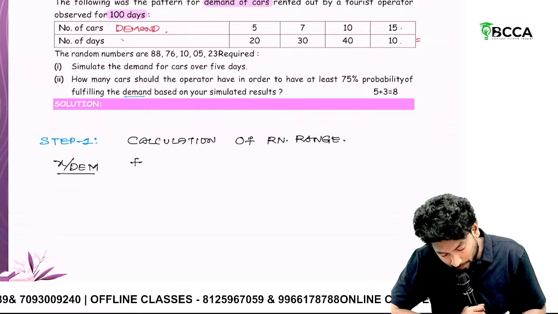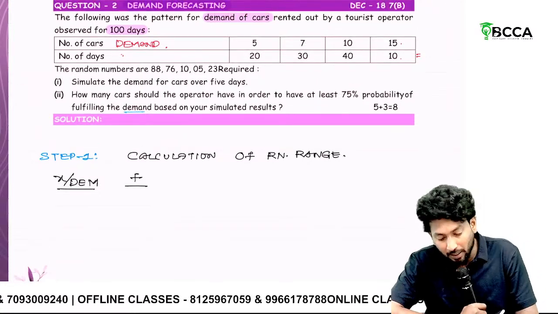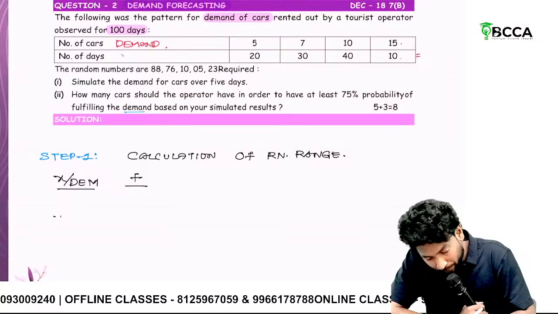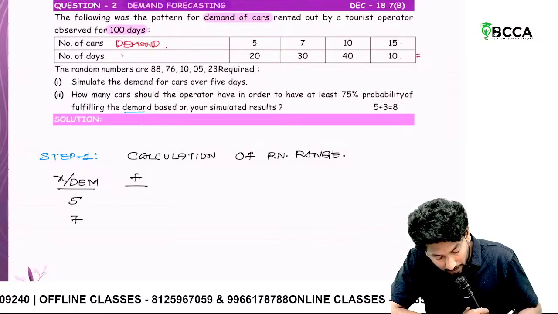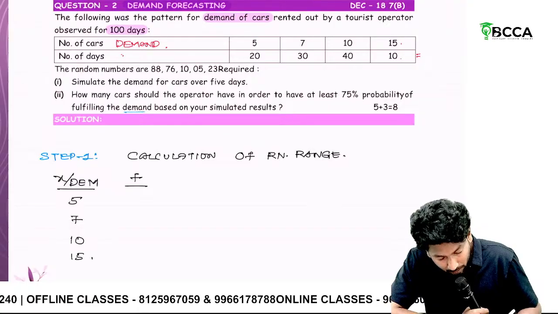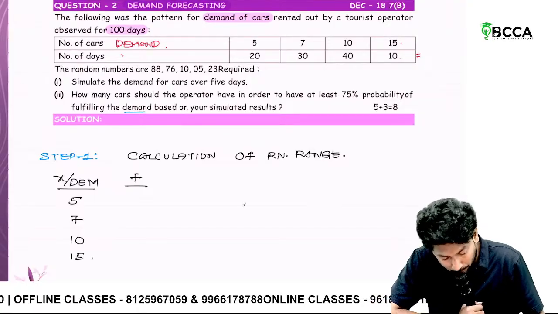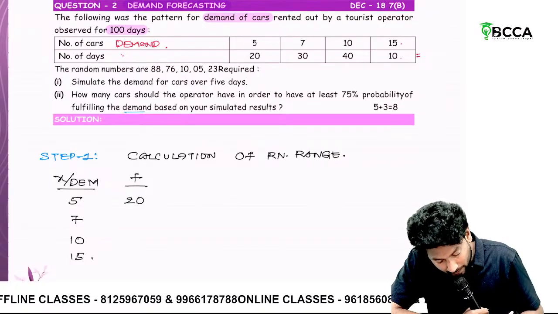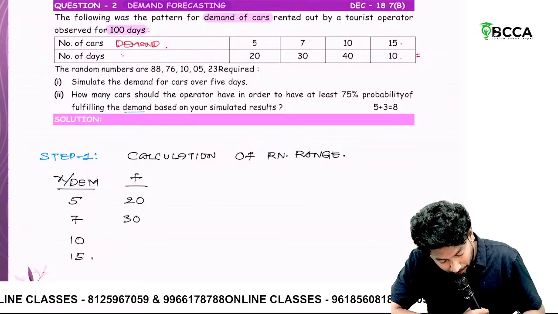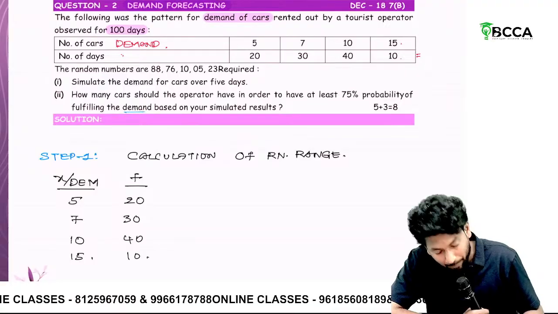Next one, frequency. Frequency is nothing but number of days. Just 4 decision variables are given: 5, 7, 10, 15. Frequency is 20, 30, 40, 10, sir.